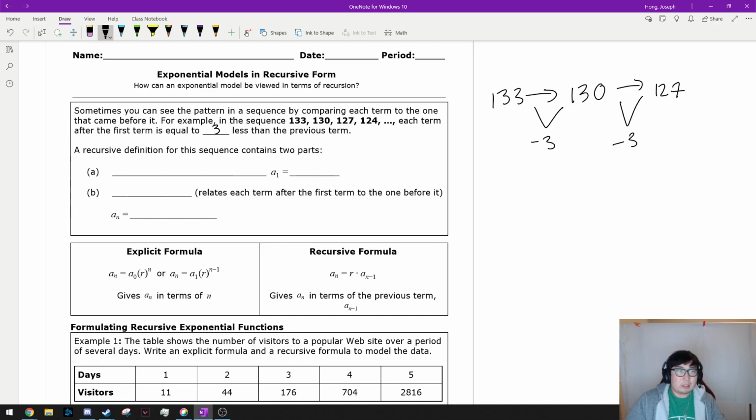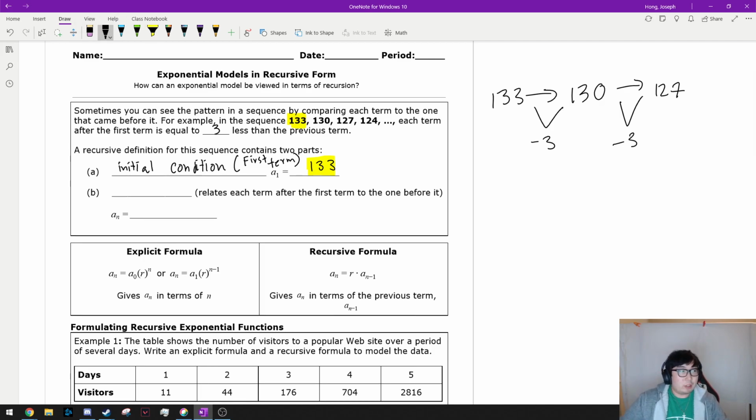So a recursive definition for this sequence contains two parts: the initial condition, which is also known as the first term, where a1, the first term, is 133. And I got this 133 because it was the first number given to me. That's what we're working with from the beginning.